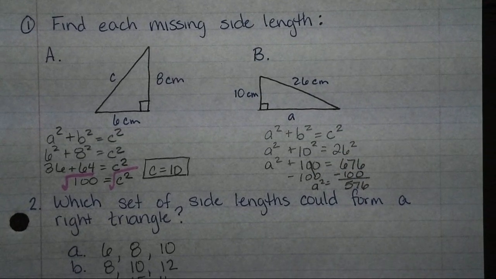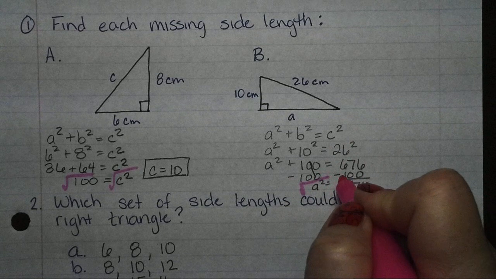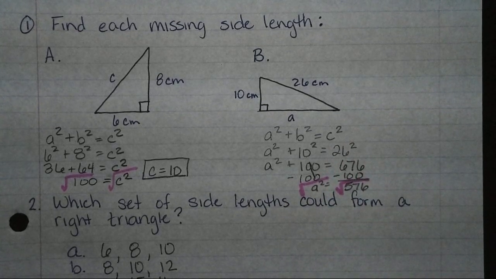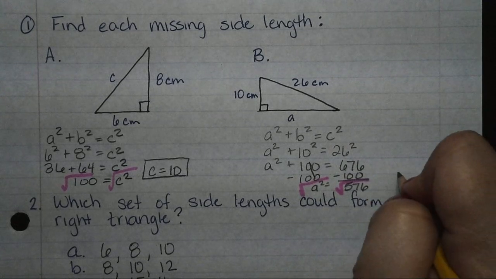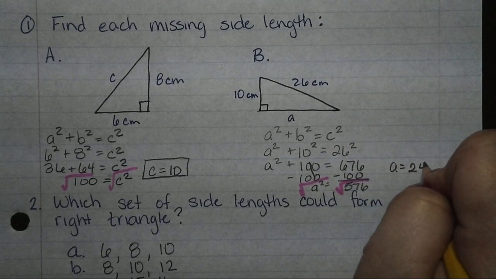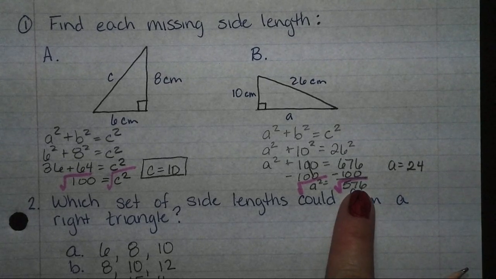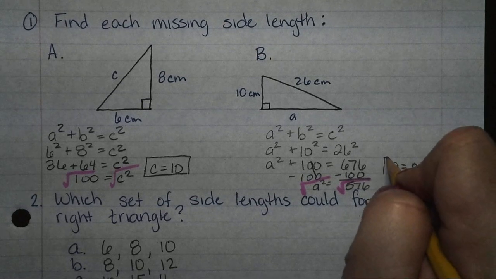So from here, we need to find the square root, because we want to know what a is, not what a squared is. So we find the square root of both sides, and we get a is equal to 24, because 24 times 24 is 576. All right, so hopefully you got both of those correct.